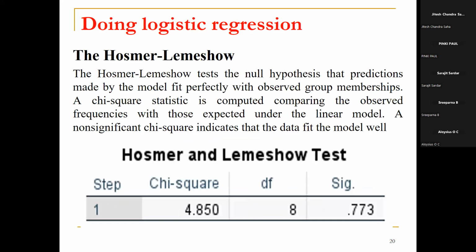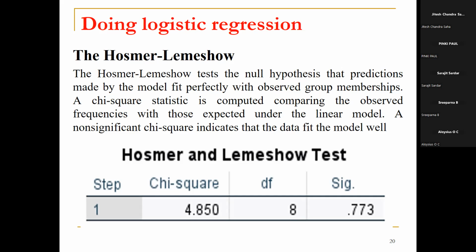Then we go for the next test, the Hosmer test. The null hypothesis is that the prediction made by the model fits perfectly with the observed group membership. That means whatever membership is predicted by the model is actually the same membership, that is, how correctly your model predicted the values.